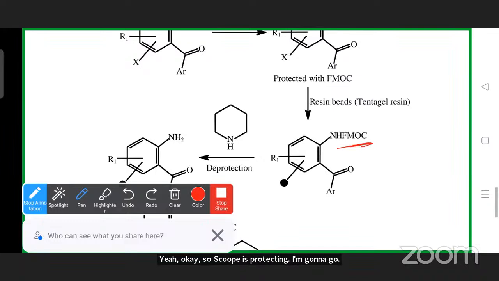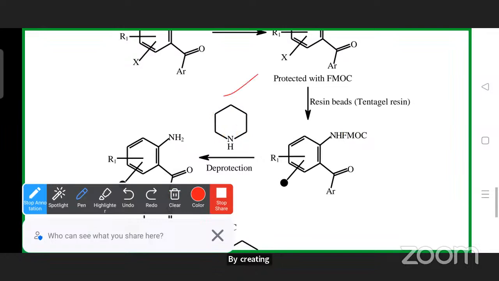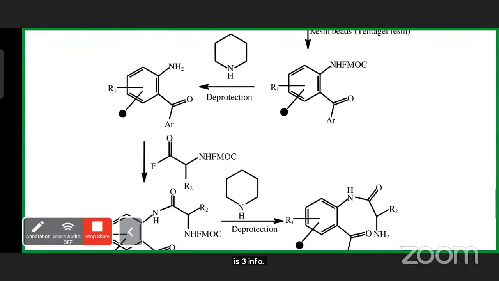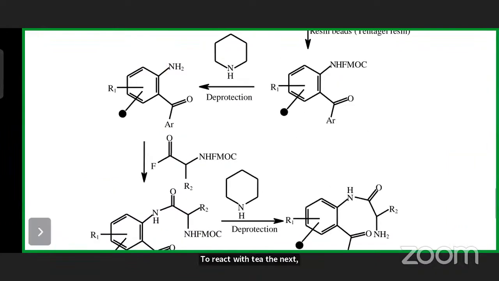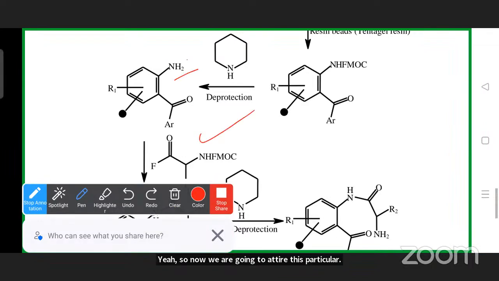We deprotect this amino group with 20% piperidine. Then your amino group is free to react with the next precursor. Now we are going to attach this particular amino acid with this amino group here.